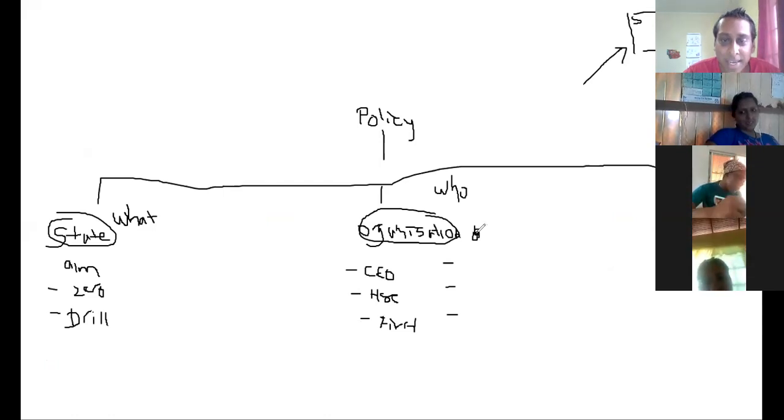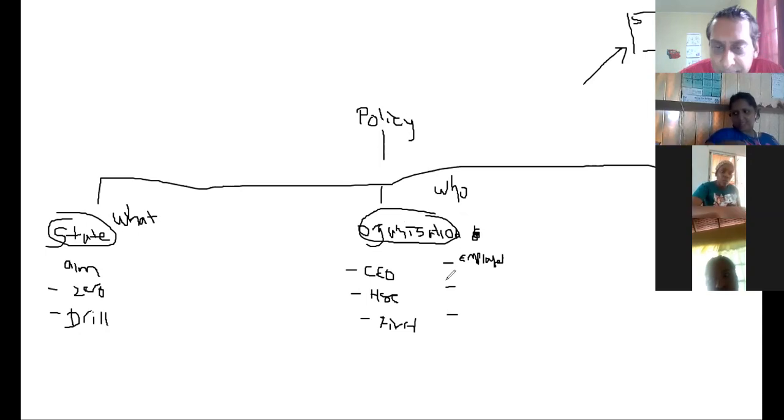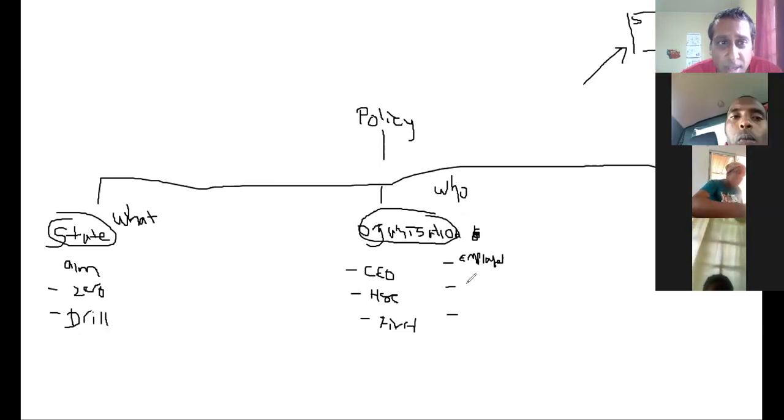Employees. Right, good. So what employees is basically anybody, and that's what this section is about. If you notice the heading, like I said, the heading is organization. So it's basically anybody in the organization that is responsible for health and safety. Anybody again? 1 more, and I'll give it the last one. Security. Okay, good.